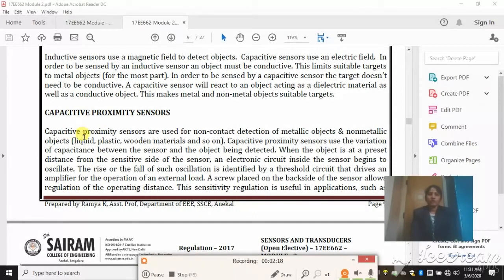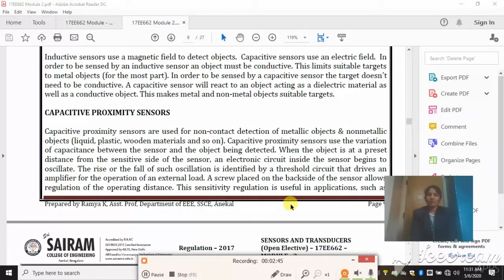It is used for non-contact detection of objects. Without any physical contact, a metallic or non-metallic object is detected with the use of the capacitive proximity sensor. Its output shows as a variation of capacitance when the object is detected.